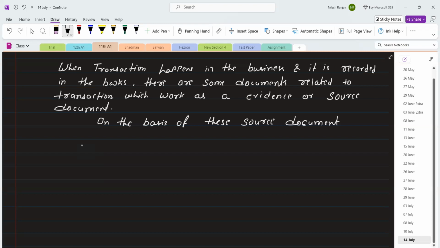So this was the definition of voucher, right? Yes. This is the definition of source document, and on the basis of source document, we create vouchers.